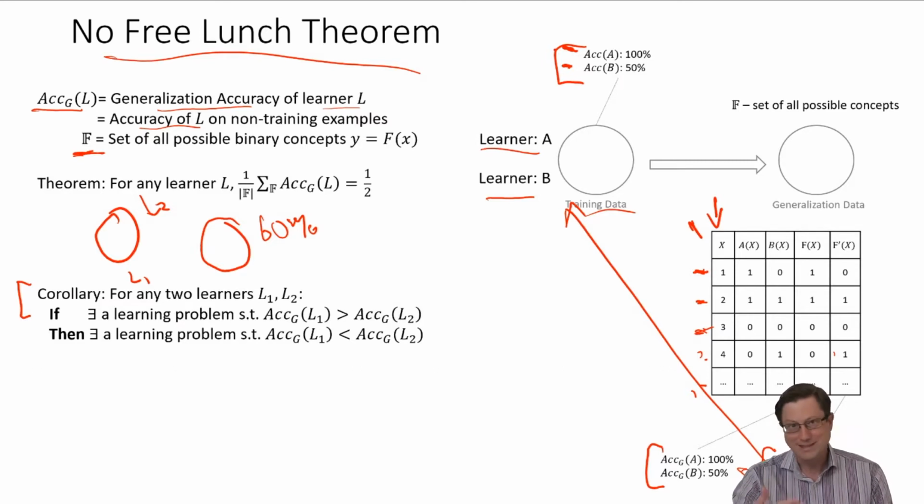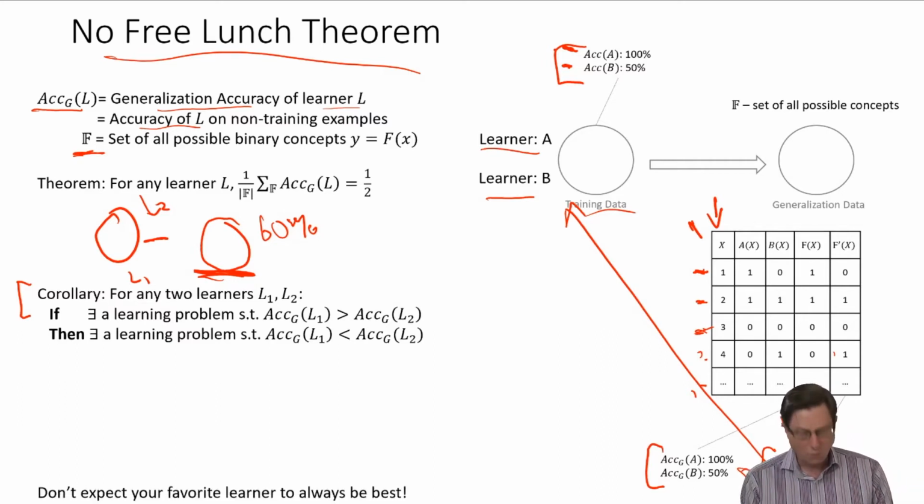Now the opposite algorithm has the 60% accuracy and the other one looks worse. So anytime learner 1 and learner 2 differ in their opinion about a part of the concept, the concept could be the way learner 1 learned it, or the way learner 2 learned it, and either could happen theoretically.